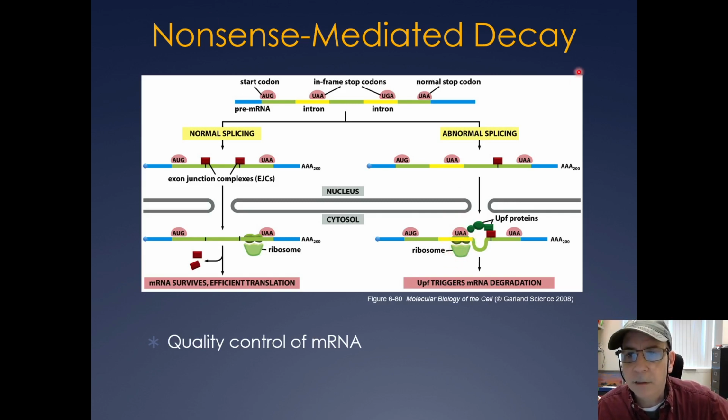So this is nonsense-mediated decay. This is something you should all probably know as well. It's useful, and the graduate students will definitely come across it in their reading. It's a cool bit of science.